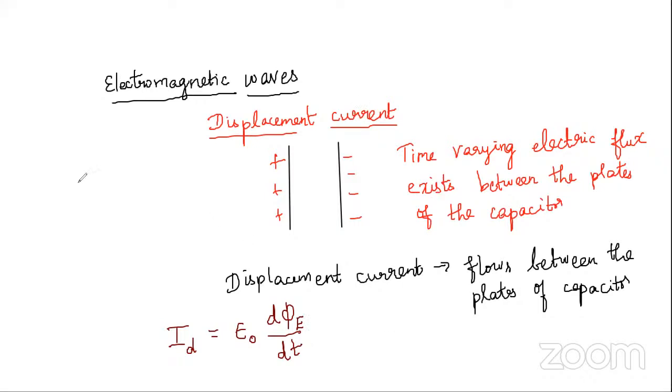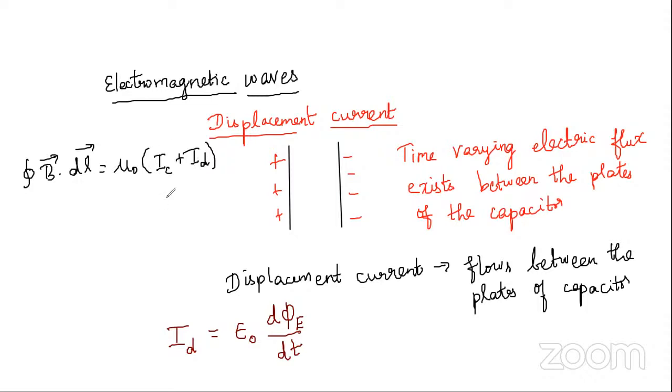So Ampere's law is nothing but integral B dot dl equal to mu naught into (IC plus ID). Usually in Ampere's law, we write integral B dot dl equal to mu naught into I, and we don't separate the I into IC and ID.